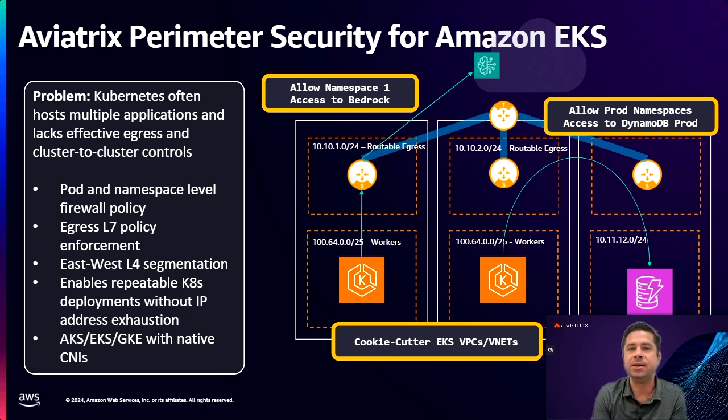And it does it without any need for agents, without any need for sidecars, without the need to deploy a service mesh. Sounds too good to be true, but this is what happens when you refactor and re-architect the firewall to be optimized for the cloud.